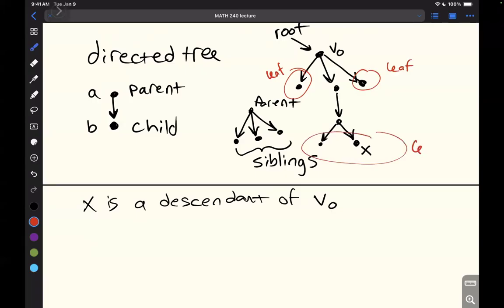These are also leaves. That's not a leaf because it has a descendant. This is also not a leaf because it has descendants. But the things that don't have any outgoing edges are called leaves. All right, the other thing is the notion of level.